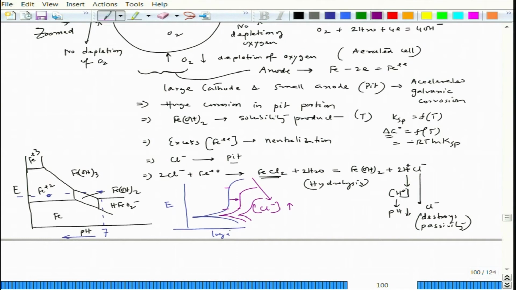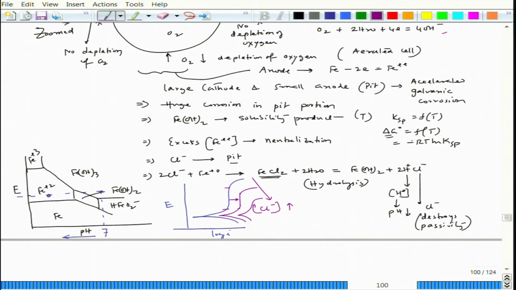So, excess chloride ion would destroy the passivity within the pit. Even if there is a chance of repassivation, chloride ion will not allow that pit portion to repassivate. So, the pit grows at an enormous speed because it has to maintain electroneutrality. For that, chloride ion has to come to neutralize the excess positive charge, which forms because you have to supply electrons for the cathodic reaction happening over the entire flat surface.